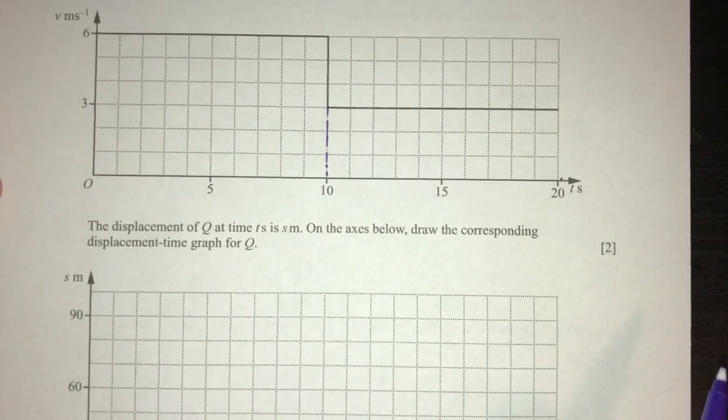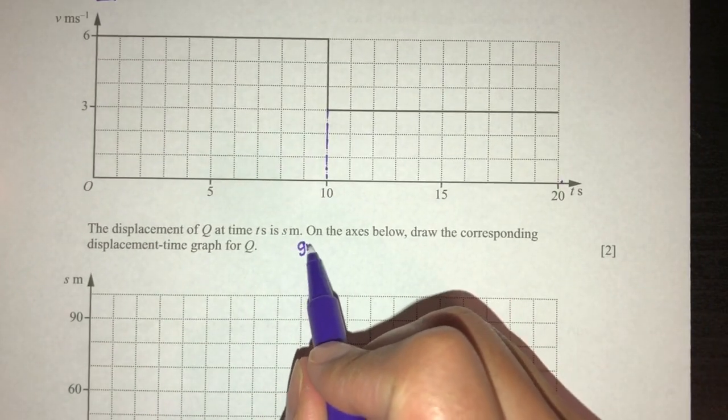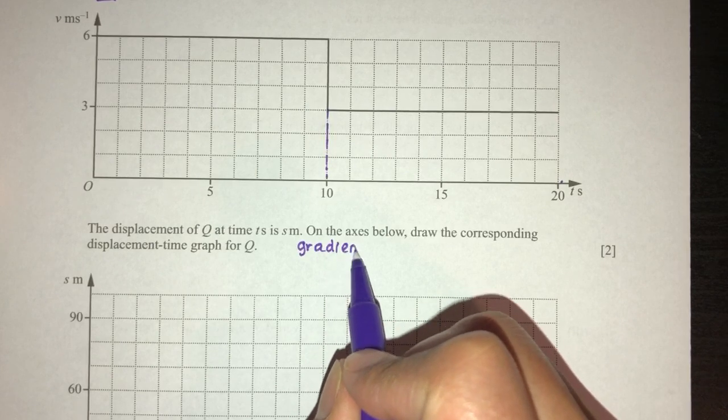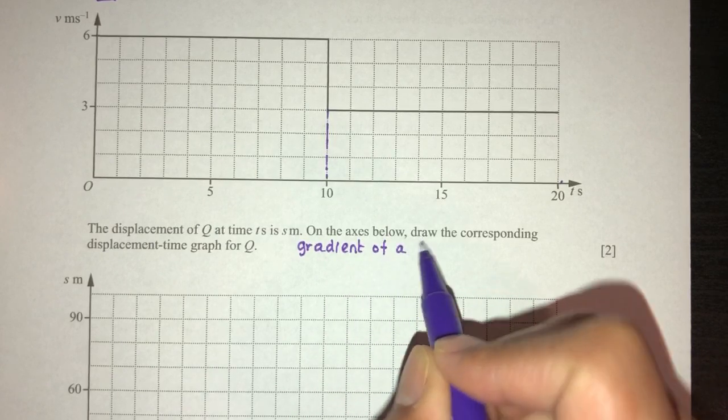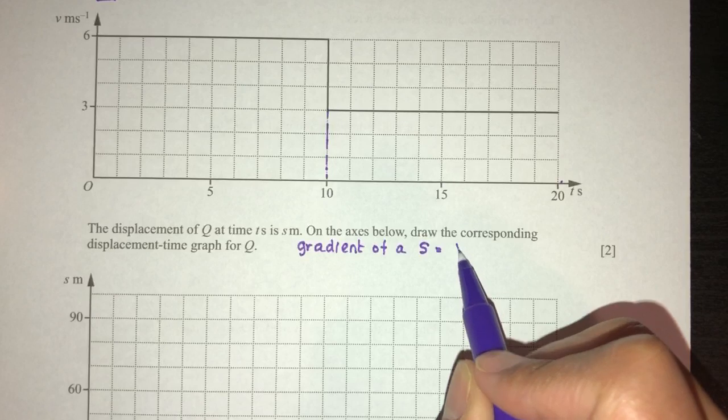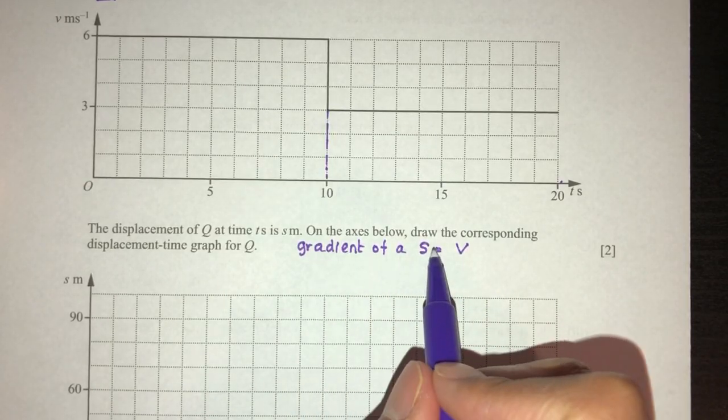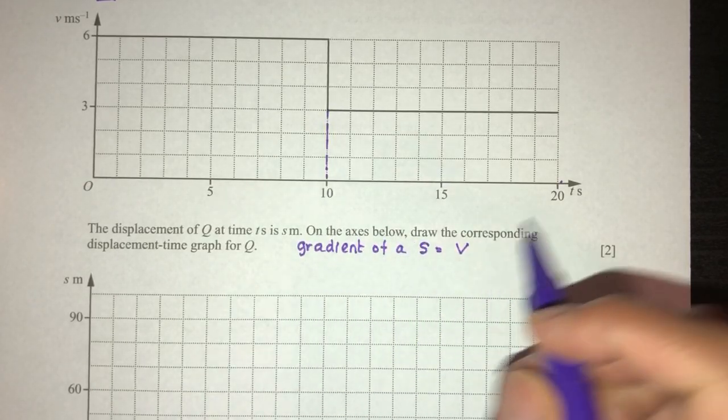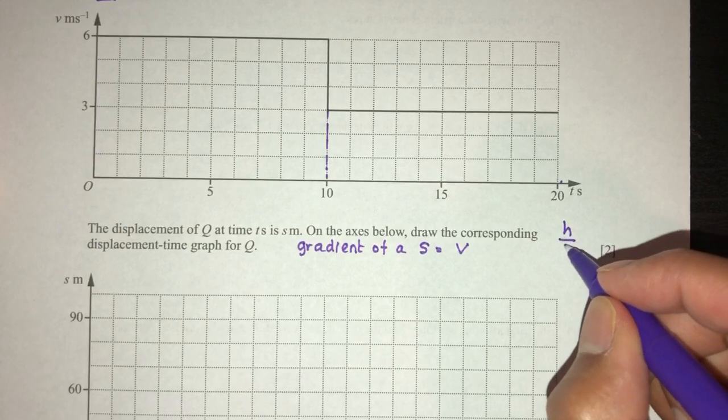One thing to know here is that the gradient of a displacement graph is equal to the speed. And how do you find the gradient of the displacement graph? It is always height divided by base.